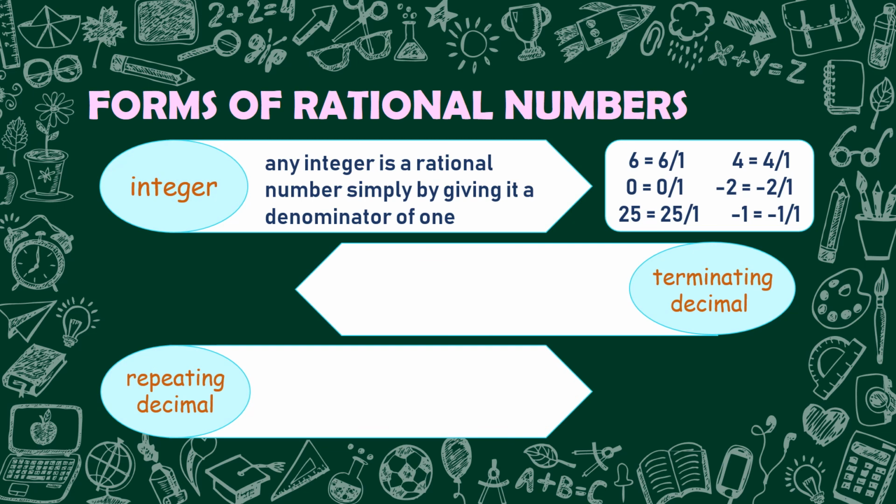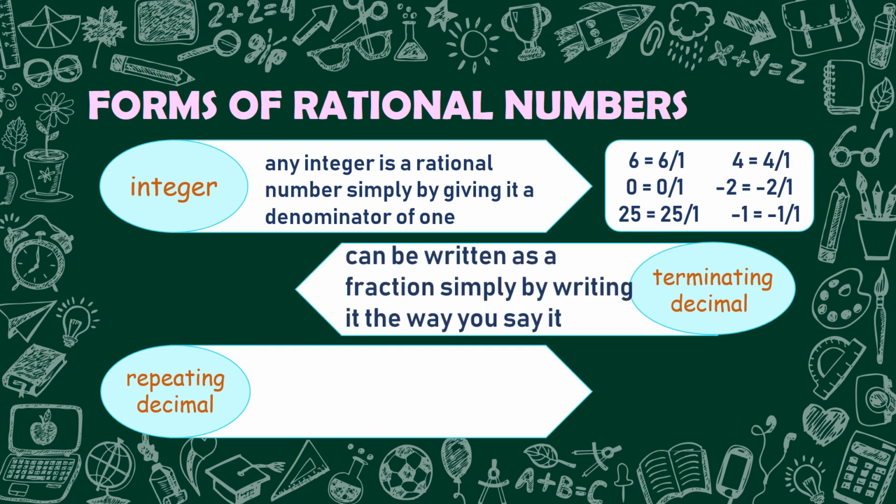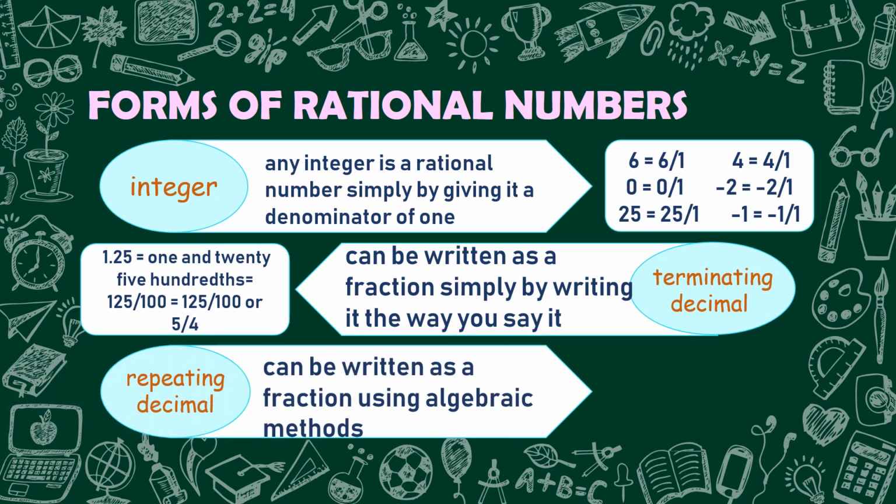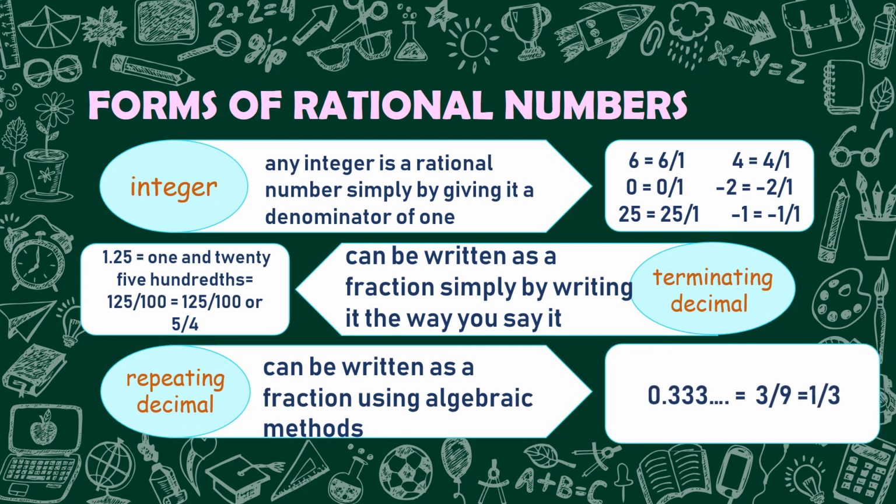And in terminating decimal, they can be written as a fraction simply by writing it the way you say it. Here's our example for the terminating decimal. And last, we have the repeating decimal, which can be written as a fraction using algebraic methods. And here's our example.